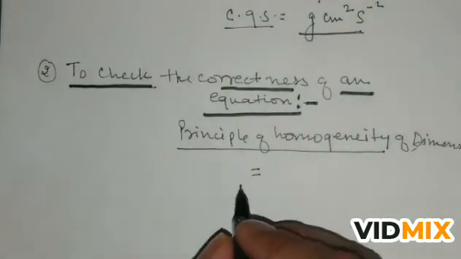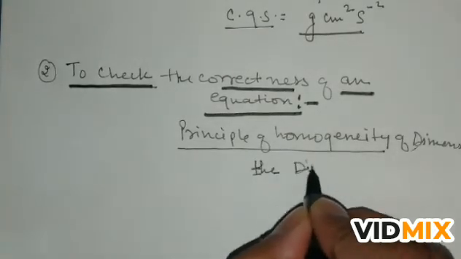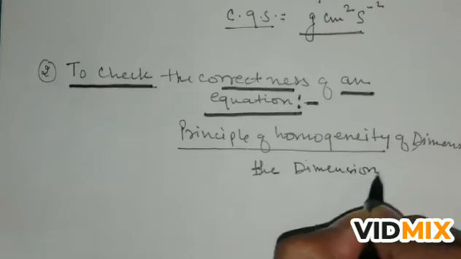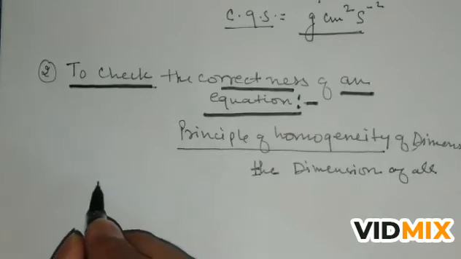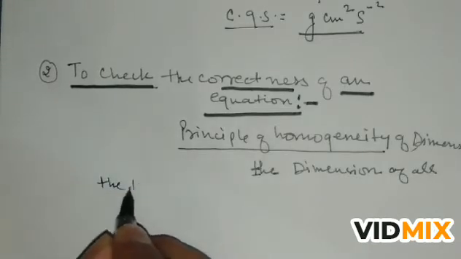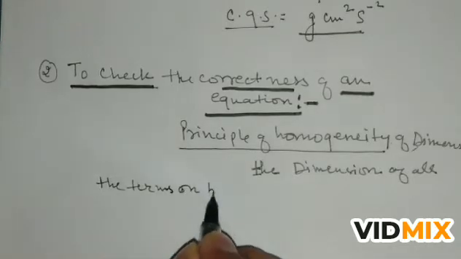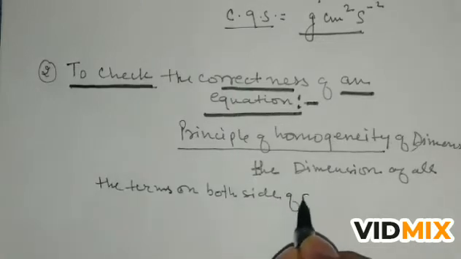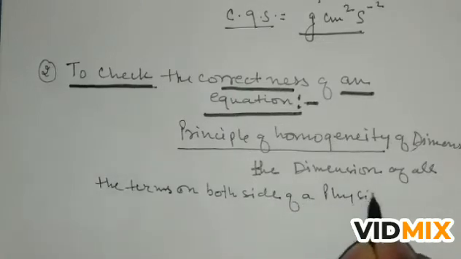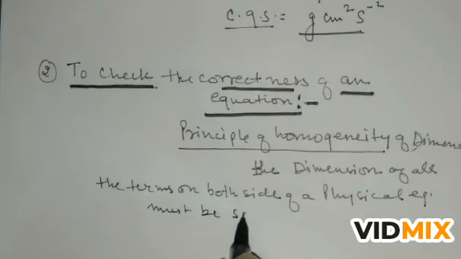I will write the definition here. The dimension of all the terms on both sides of a physical equation must be the same.